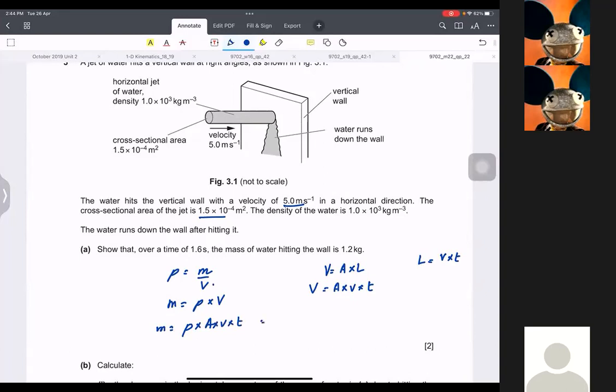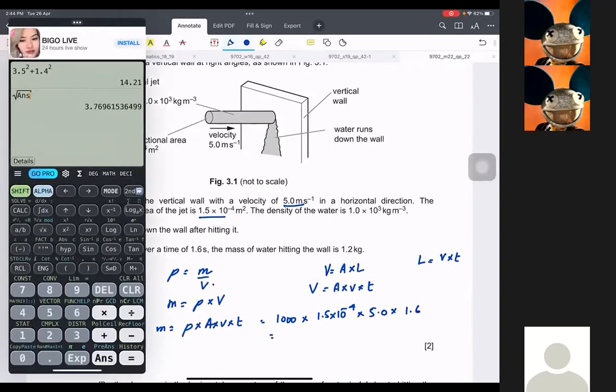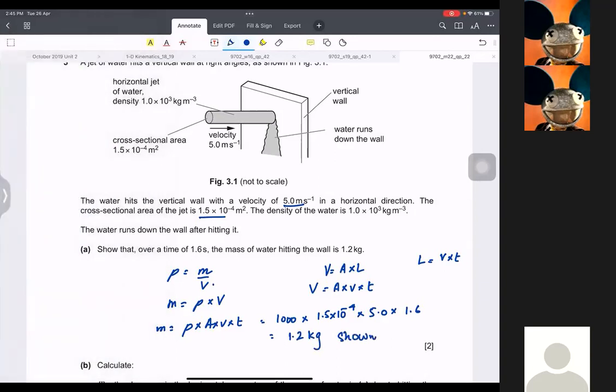Density is given as 1000, then area, velocity, time, and this would give us the mass. So let's check whether we have done it or not. Yes, 1.2 kg, shown. Please let me know if you did not understand this.